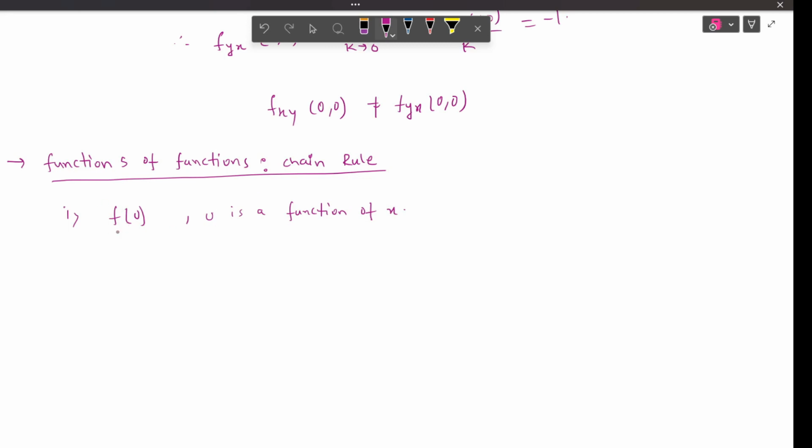So we can say that f is also a function of x. So the derivative ∂f upon ∂x, this we can write as ∂f upon ∂u multiplied by ∂u upon ∂x, right? So this is the derivative.